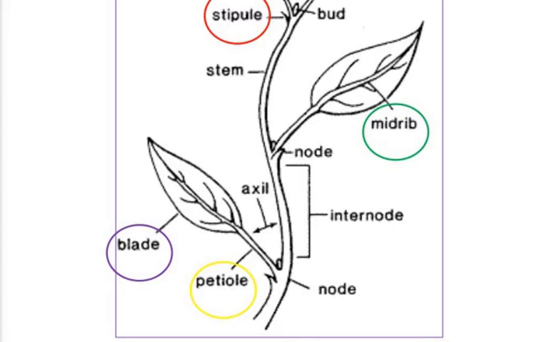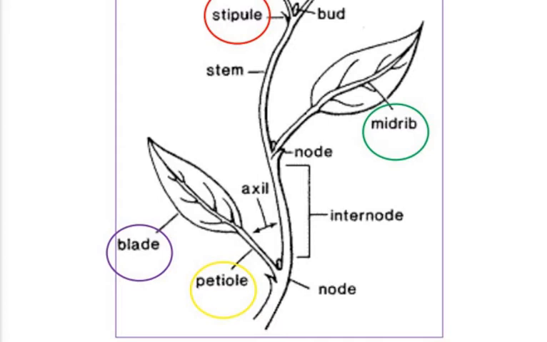See this diagram, this is a twig, and this twig contains different parts. There's a stem, and these are the leaves, and this is the node. The region from which a leaf arises is called node, and the distance between two nodes is called internode.